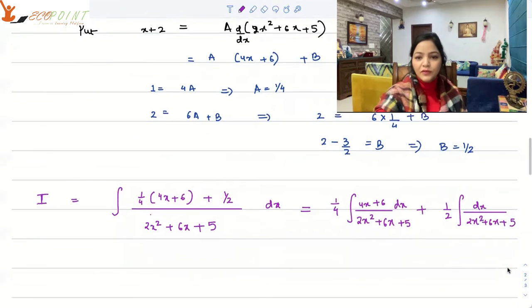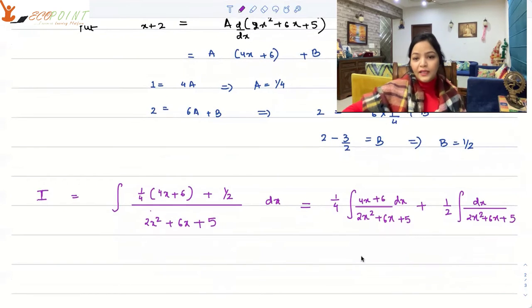So what we've done is we've broken it up, and this is one integral, I1, and this is another integral, I2.